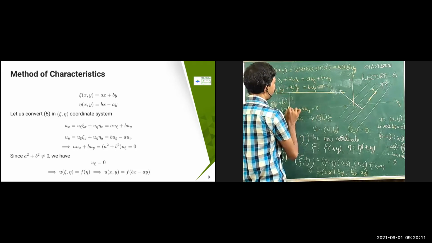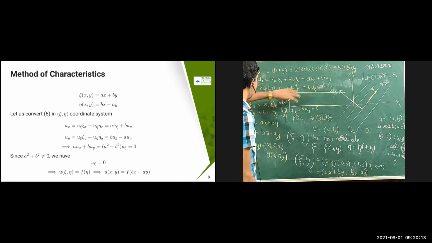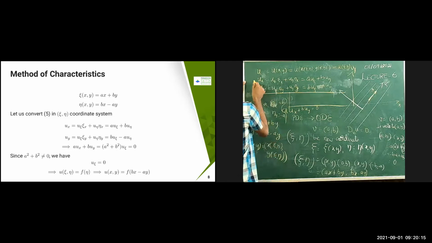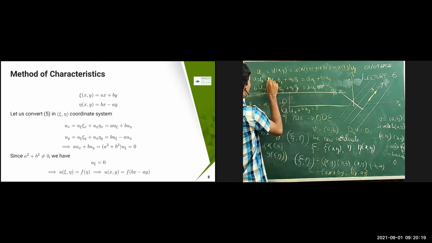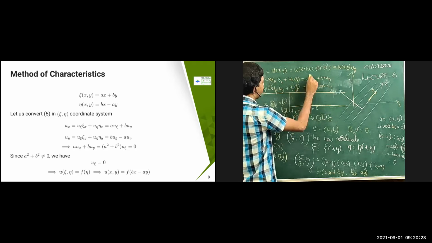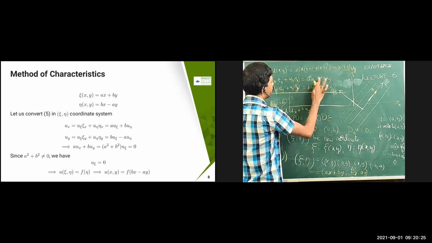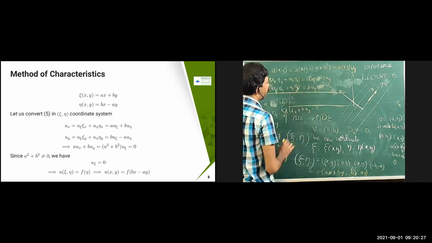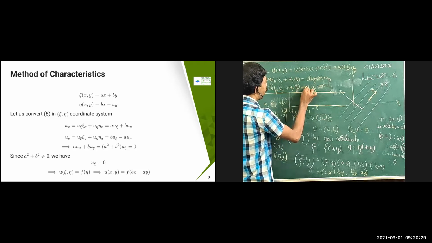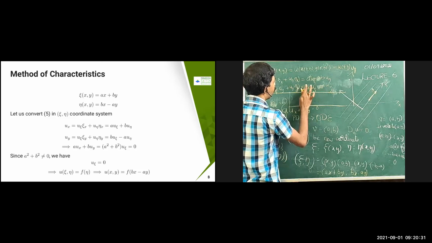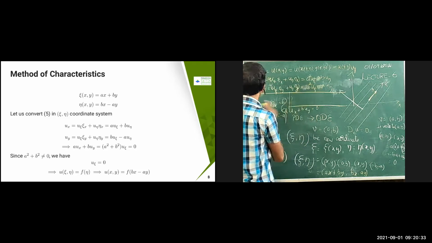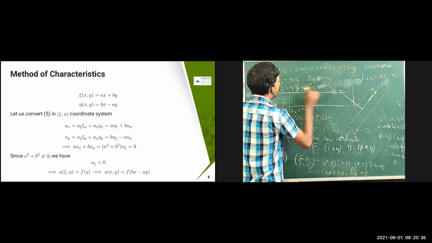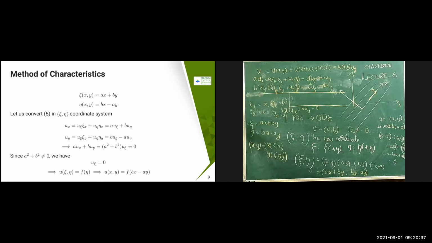So let me write it over here. In a ux plus b uy, I just multiply here by a and here by b. So this is going to become a square plus ab into u eta, and this is going to become like b square minus ab into u chi, u eta is going to come.